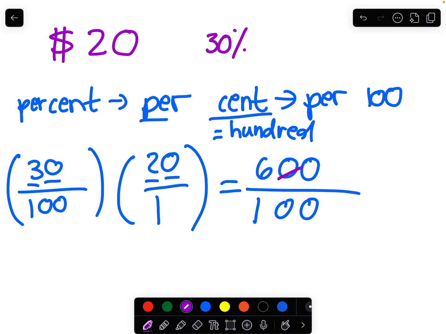Then we can cross out the zeros. However many zeros you cross out at the top is however many you can cross out at the bottom. That gives us 6. So 30% of 20 is 6. The individual who wants to buy this stuffy will have to pay $6, and it looks like a grandparent will pay the remaining amount.